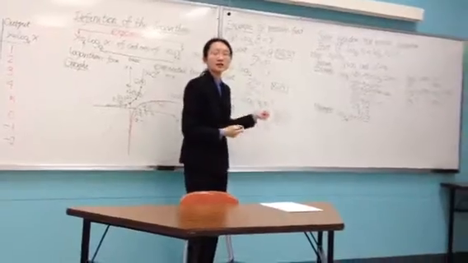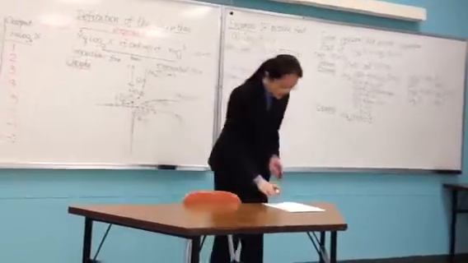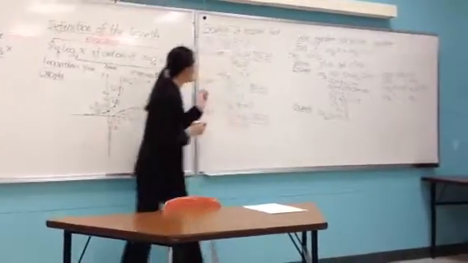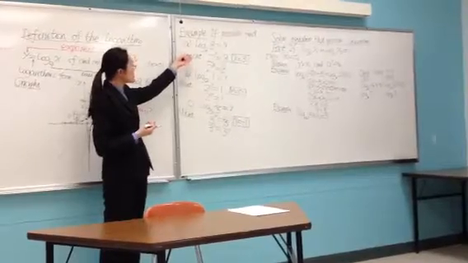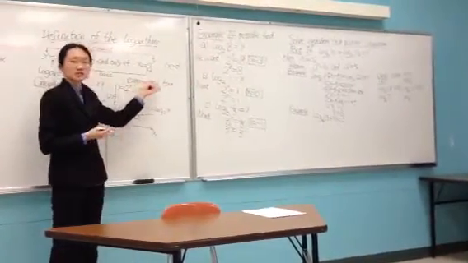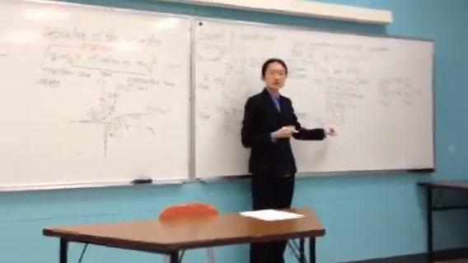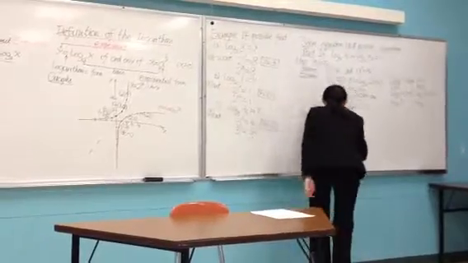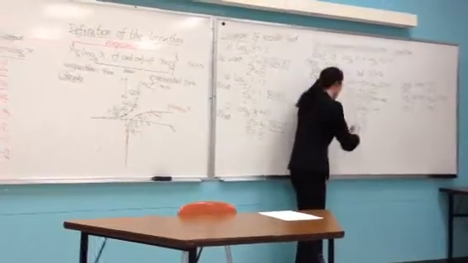Think about how to do this one. How did we do the first one? Remember, we did the first one by changing this form into exponential form. So similarly, we can change this form into exponential form. Let's do that. We're going to put the base here, then switch the input and output.